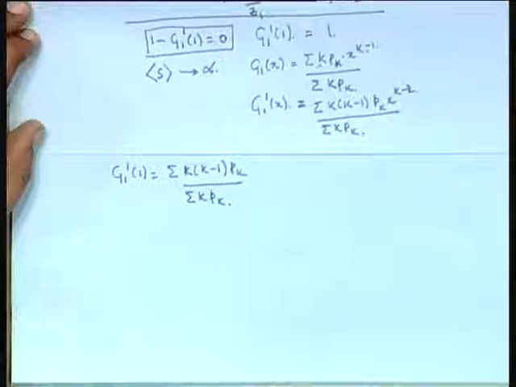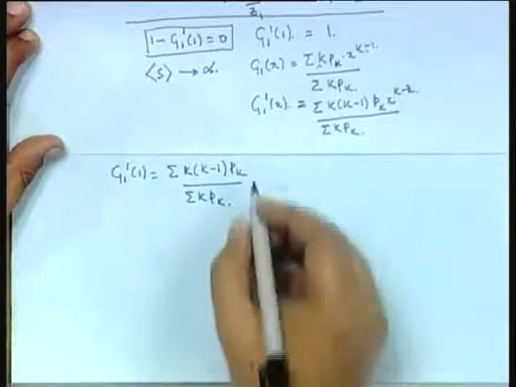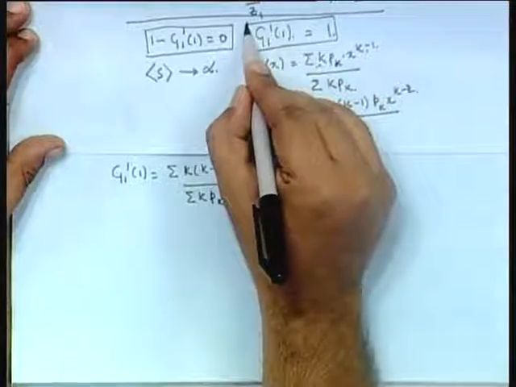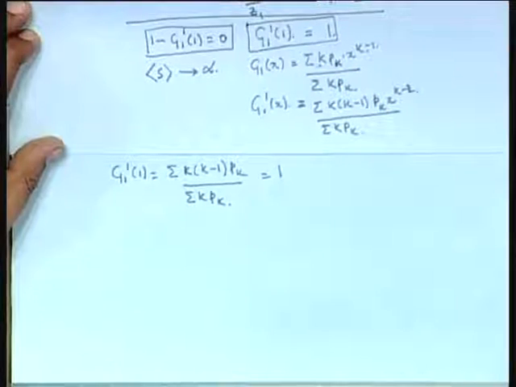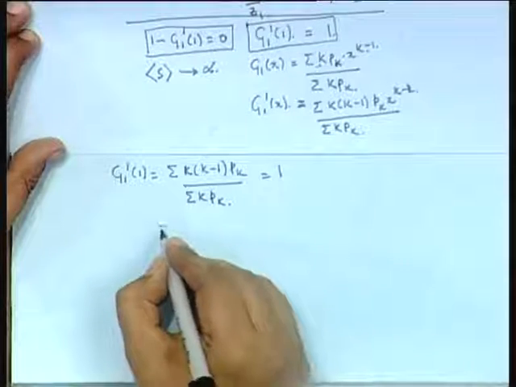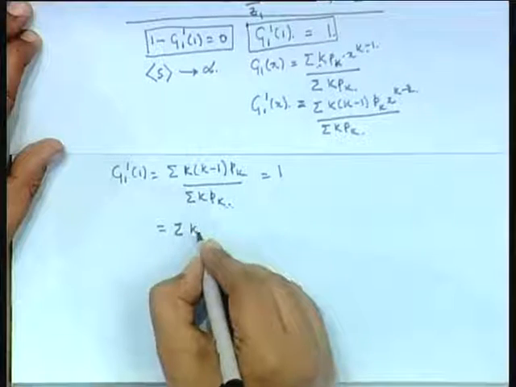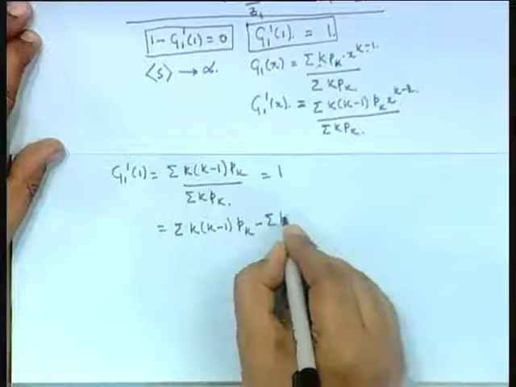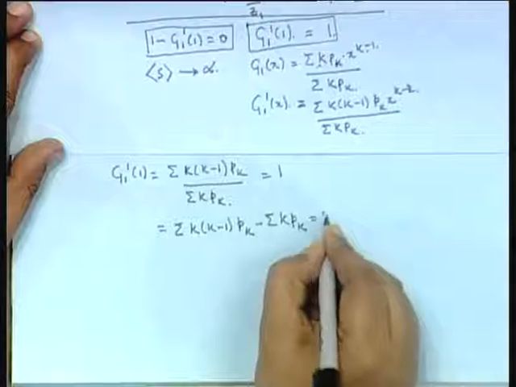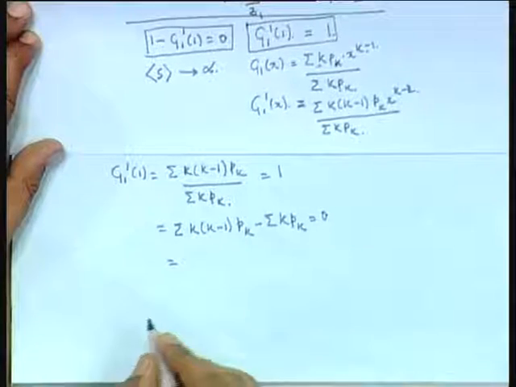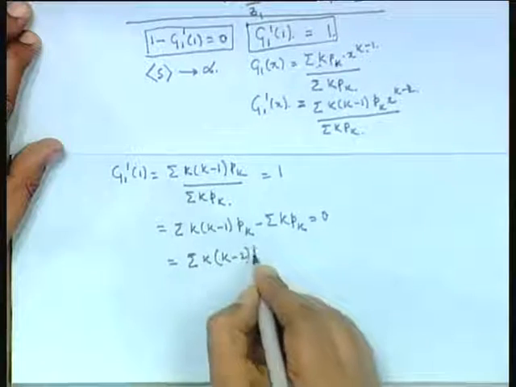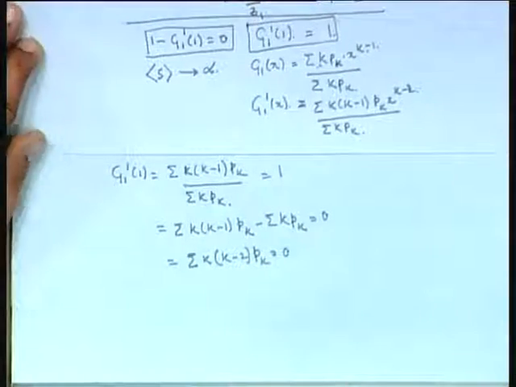Rahul, it is okay? Okay, very good. And this should be equal to 1 according to this formula. Okay. So, what happens is summation of k into k minus 1 p k minus summation of k p k should be equal to 0, and this is summation of k minus 2 p k equals 0.